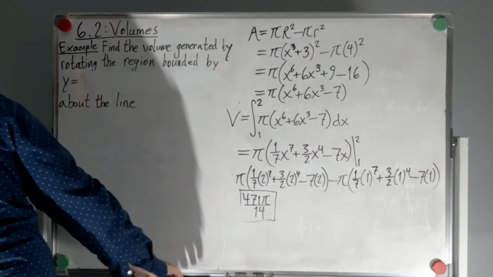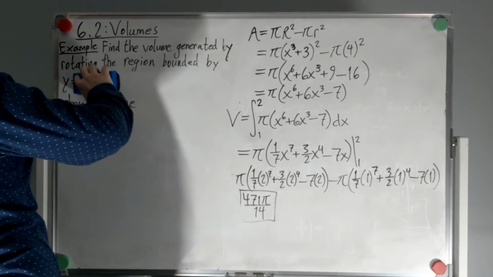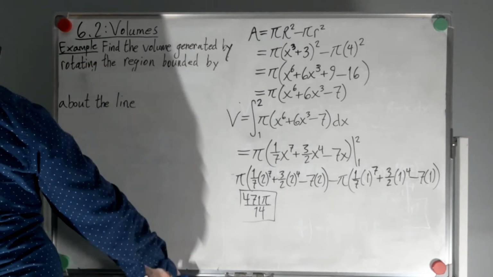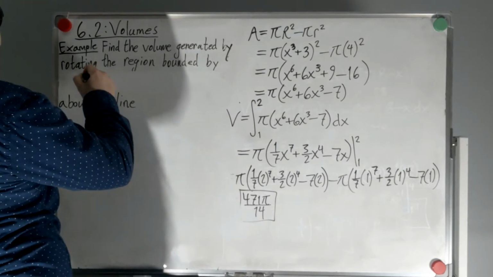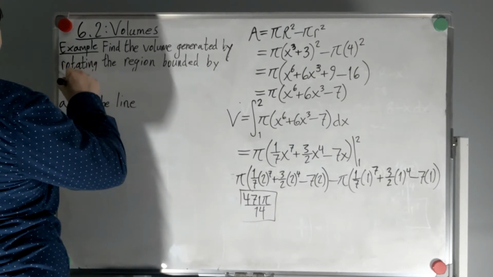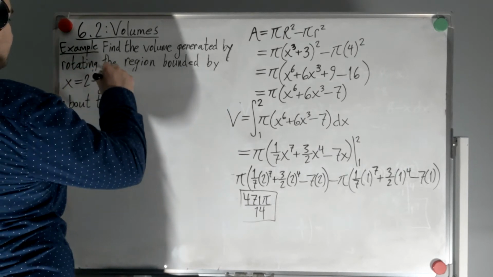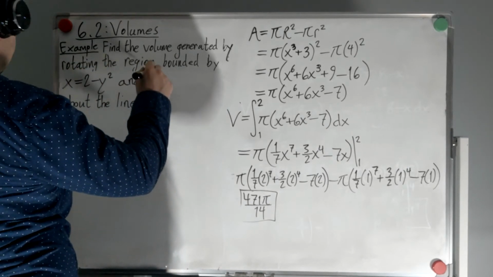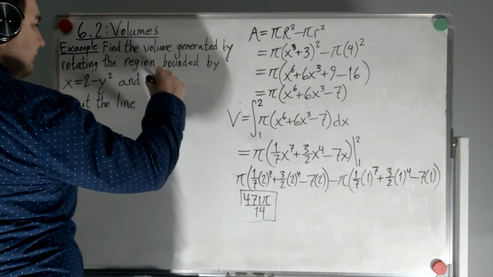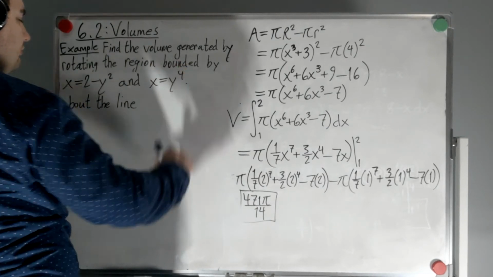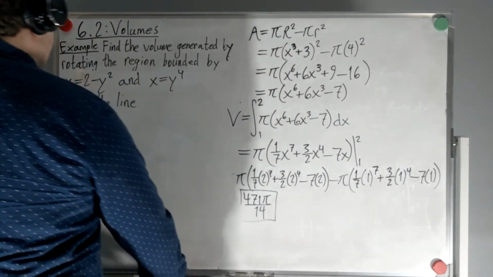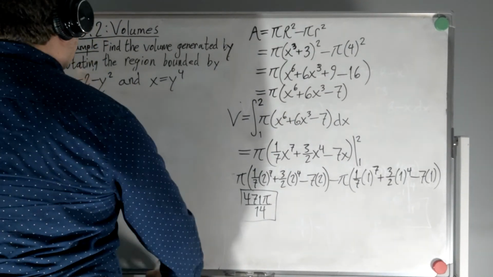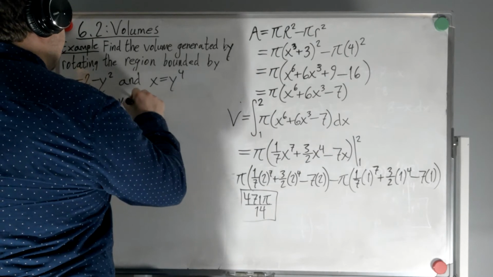This one is the region bounded by x equals 2 minus y squared and x equals y to the fourth. And we're going to revolve that region about the y-axis now.